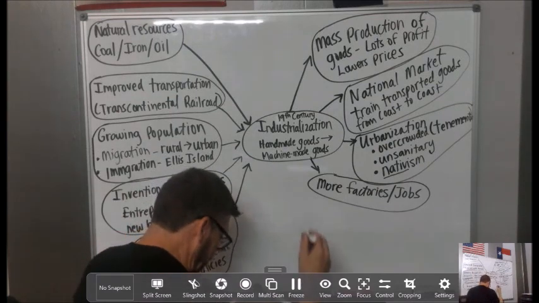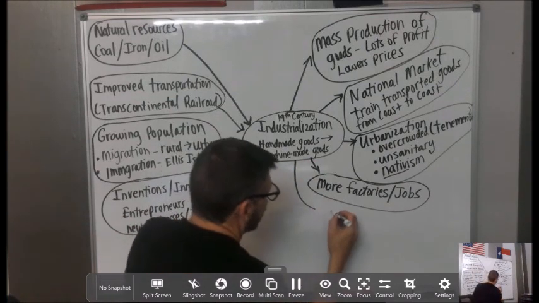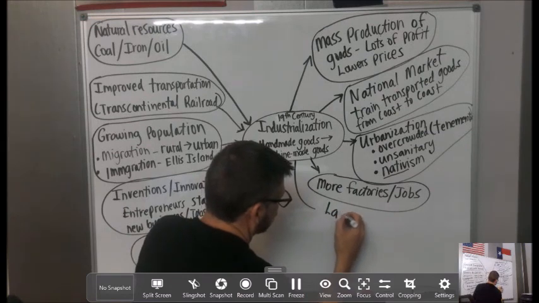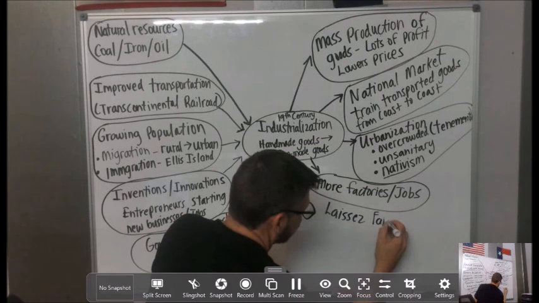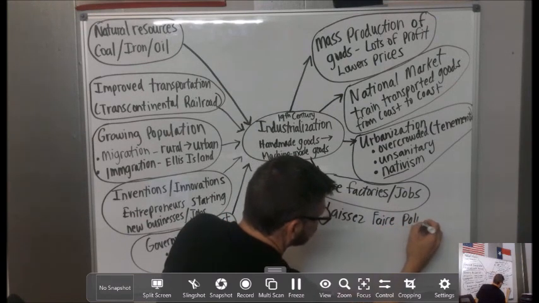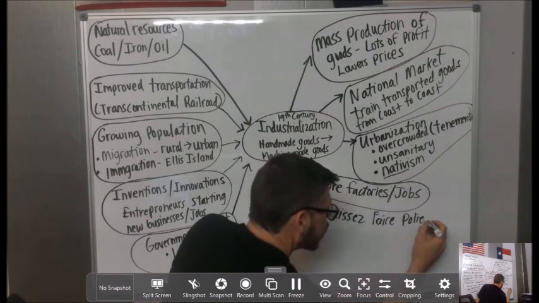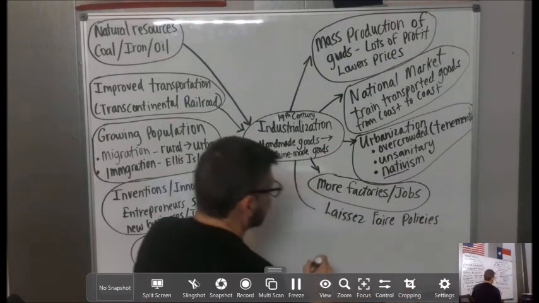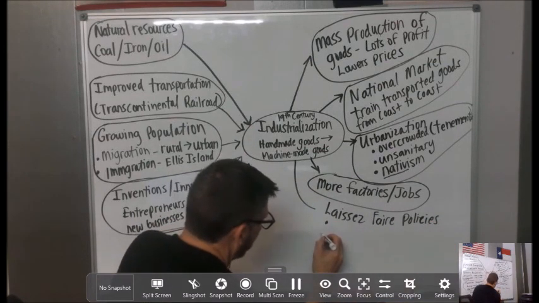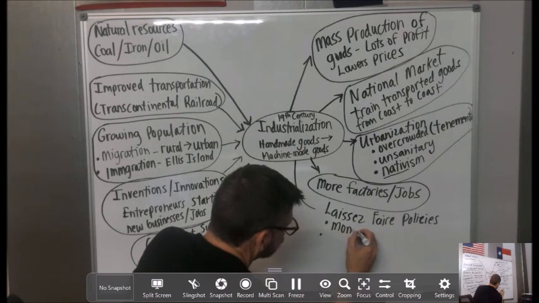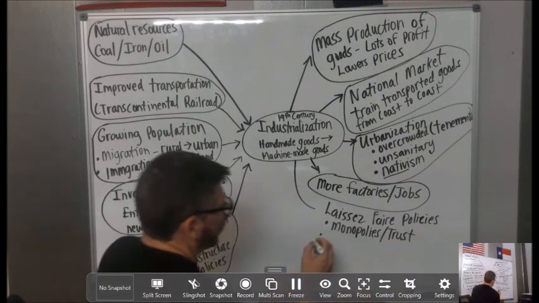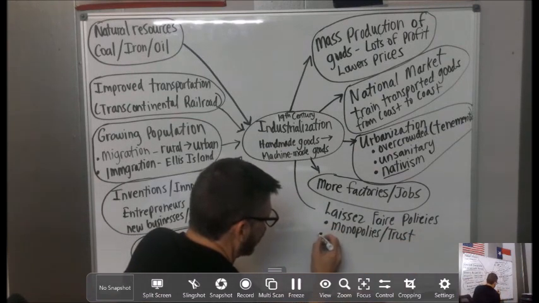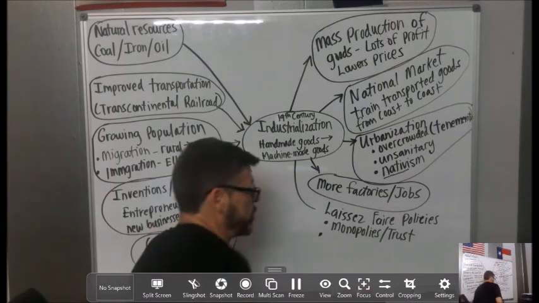And lastly, laissez-faire policies. Okay? So you have monopolies and trusts. And remember, a monopoly and trust are when a major industry is controlled by one entity.